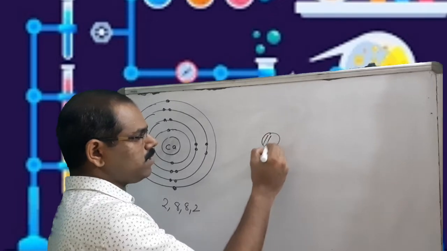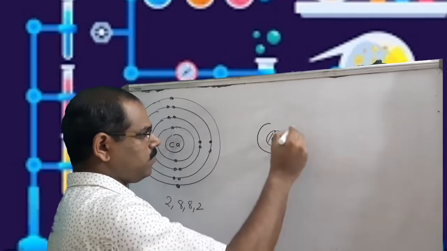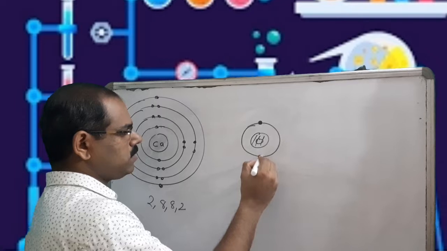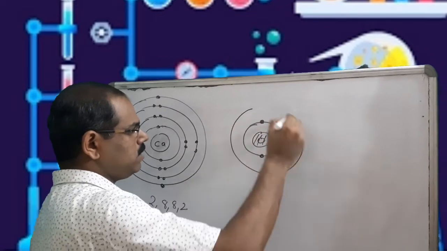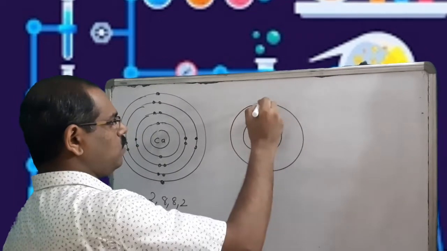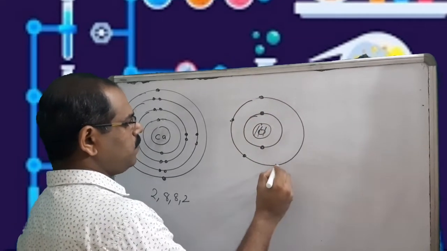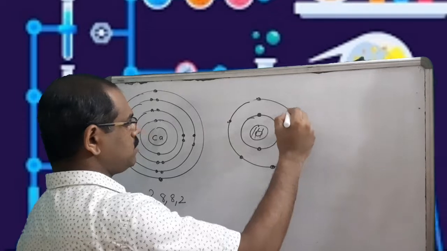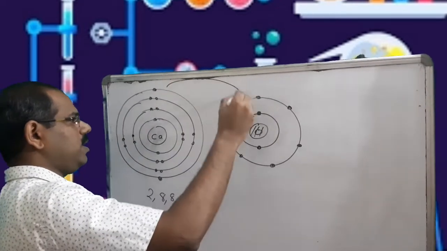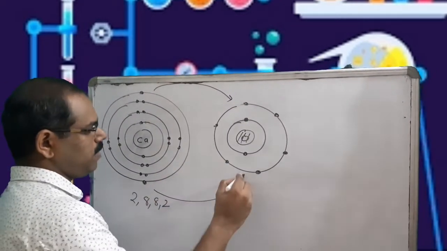First shell with 2 electrons, second shell with 6 electrons. That means 1, 2, 3, 4, 5, 6. So 2 electrons can be given from here to here.